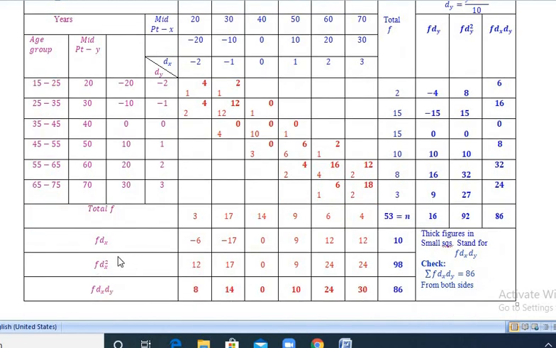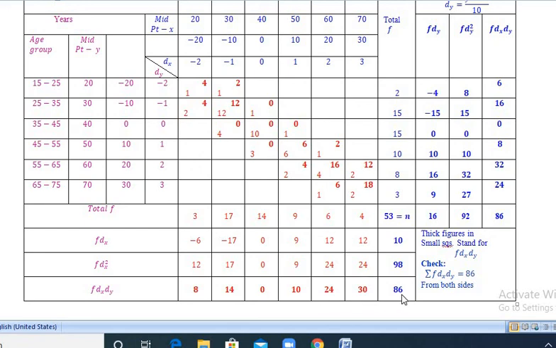And similarly sum of f dx, that is minus 6 minus 17 0 plus 9 plus 12 plus 12, its sum is 10. Similarly sum of f d square x is 12 plus 17 plus 0 plus 9 plus 24 plus 24, it becomes 98.